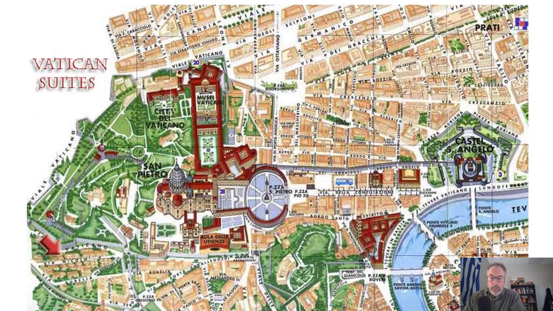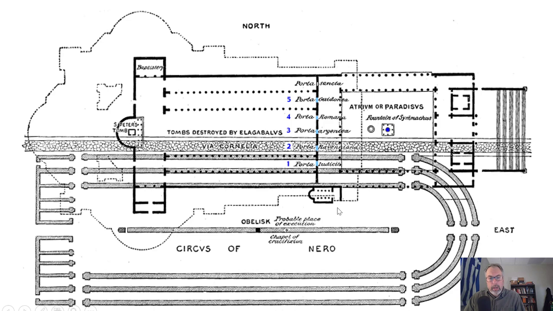So ultimately, if you go to the Vatican today, there's nothing left of the Stadium of Nero that you can see. But this shows what Constantine did and how they were aligned. So here's where the stadium was, and then right across the paved Roman street, the Via Cornelia, there was this cemetery.